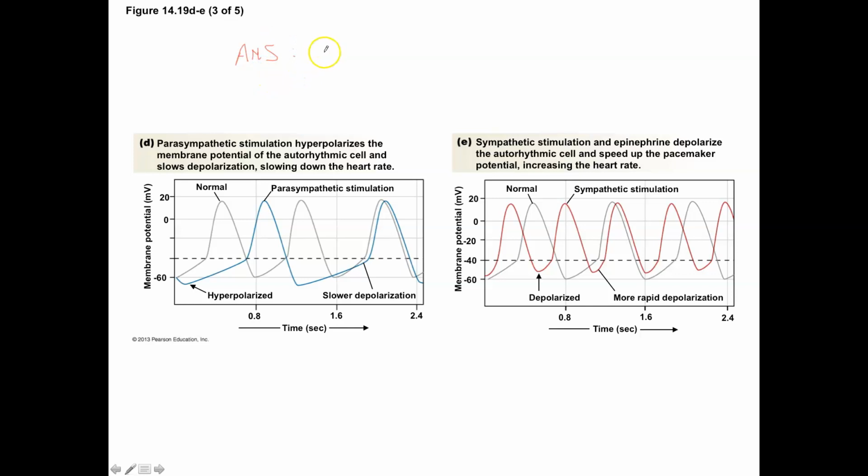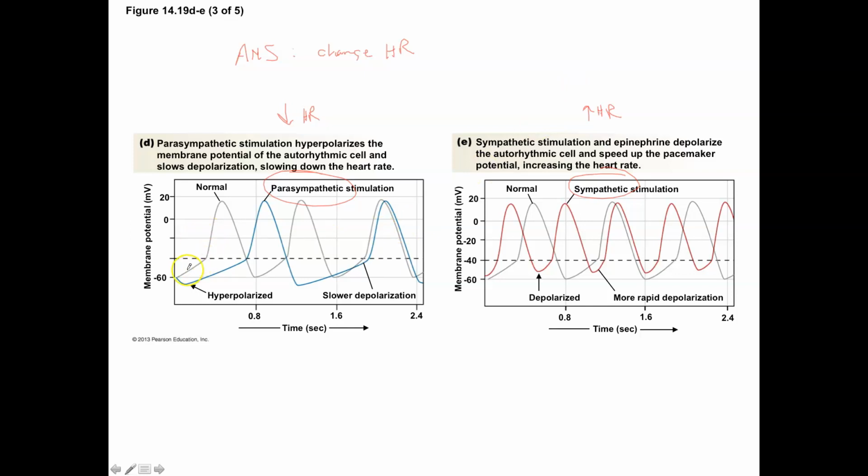We know that because the parasympathetic and sympathetic branches of the autonomic nervous system change our heart rate. The parasympathetic decreases heart rate, and the sympathetic nervous system can increase heart rate. And so the question becomes, how does the autonomic nervous system influence these action potentials?